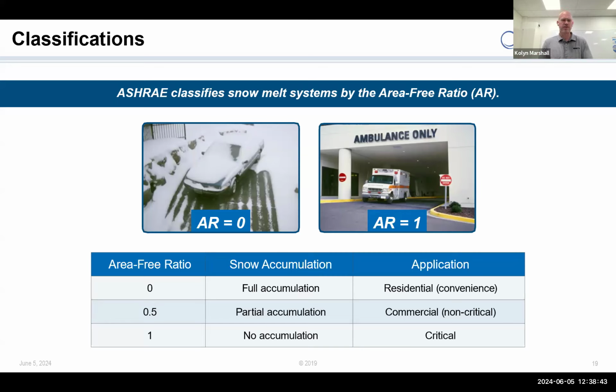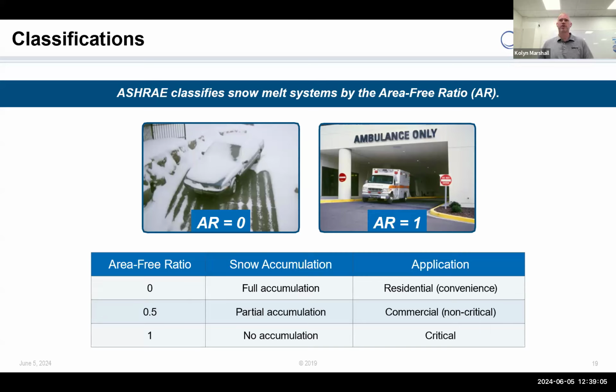Then you have a class 2 or a 0.5, and it says I'm going to keep up with half of the snowfall as it falls, and then the other half after snowfall stops. And then a class 3 or a 1 ratio is no snow buildup at all. It is the most free area of snow possible. There's no buildup.